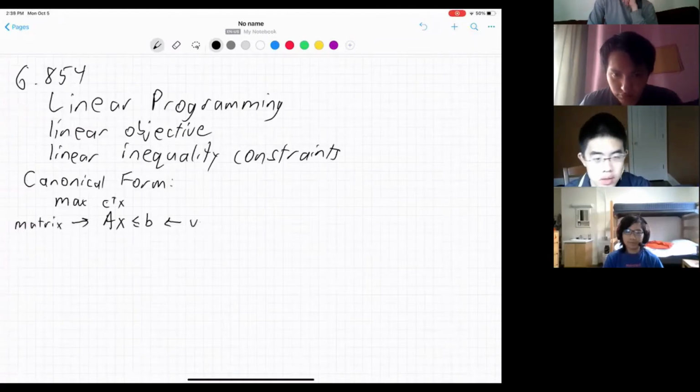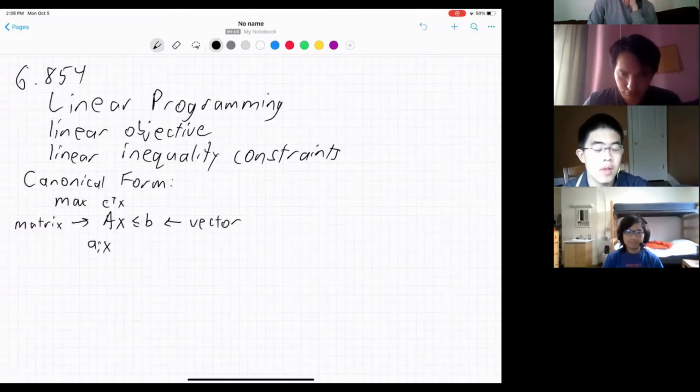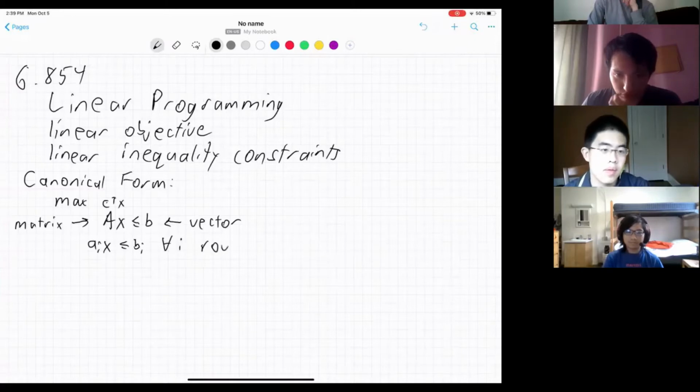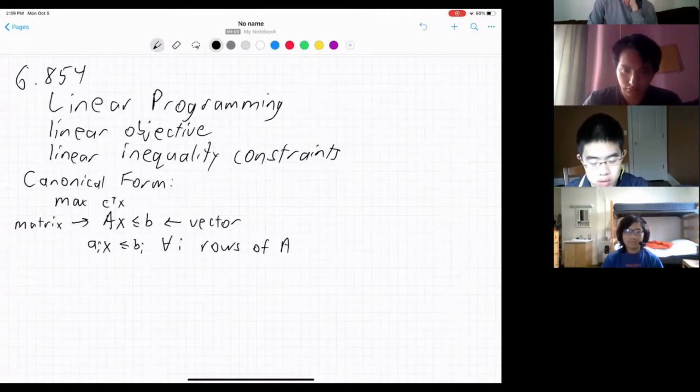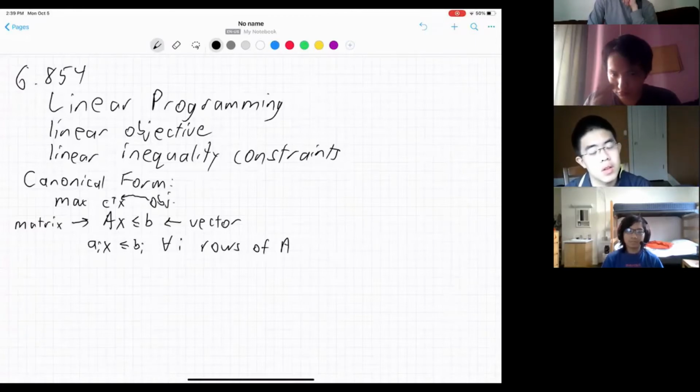And on the right-hand side, we get a vector, and this is shorthand for saying that a_i x is less than or equal to b_i for all i rows of A. C here is referred to as the objective of this linear program.